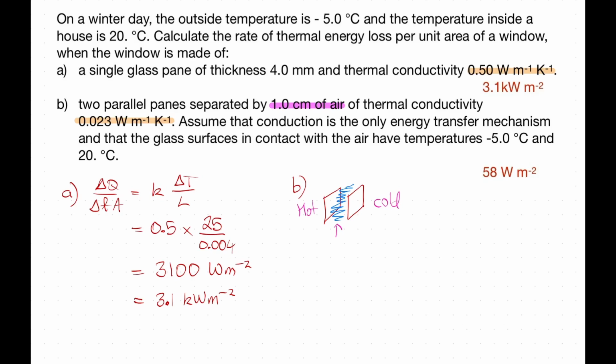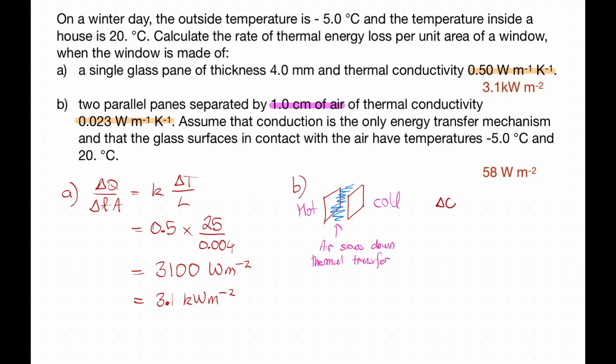The air is going to slow down the thermal transfer. So because of that, the glass on either side is going to transfer its energy faster than the air in between. So the only thing that's affecting the rate of the thermal transfer is the air inside, because it's going to take the slowest to transfer that energy.